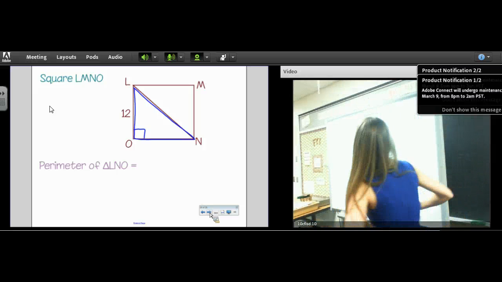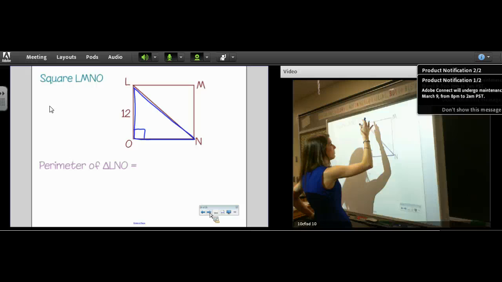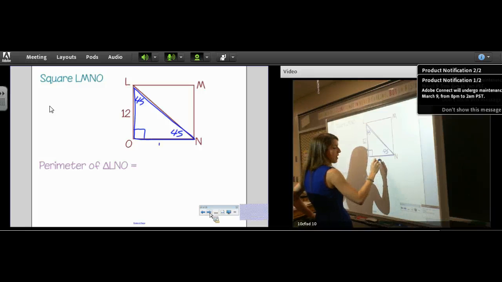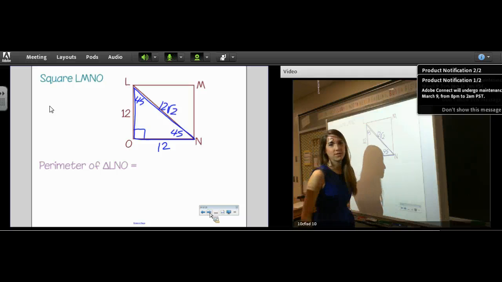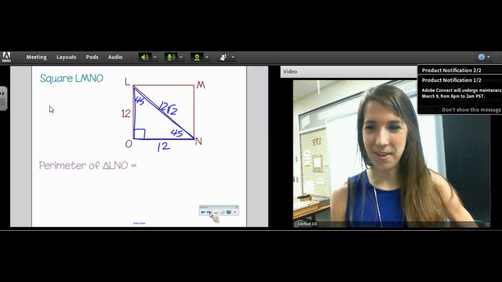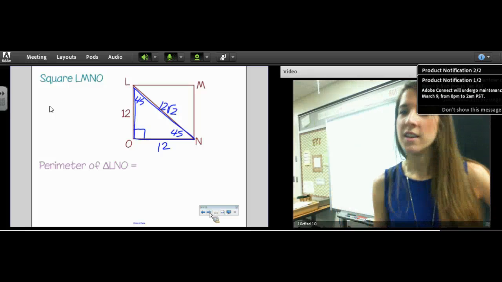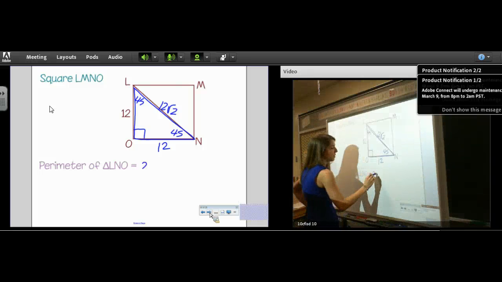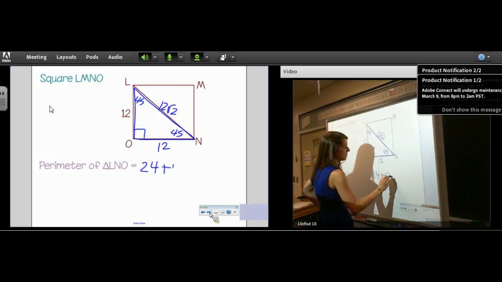You should have realized that, well, those angles are 90, and then they're also bisected, so that's a 45, 45, 90 triangle. So we've got 12, 12, 12 root 2, 45, 45, 90. So the perimeter of triangle L-I-O is 24 plus 12 root 2.